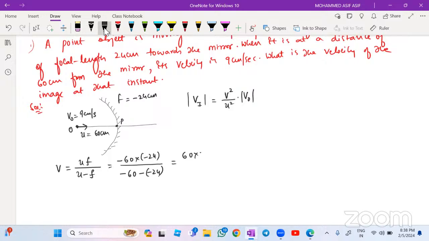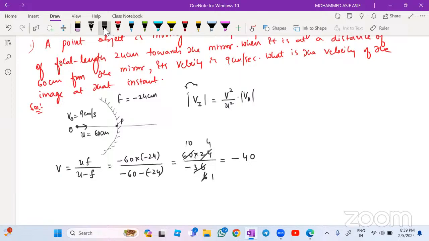So it is 60 into 24 divided by minus 60 plus 24, which is minus 36. This is 10, this is 6, isn't it? 6 1s, 6 4s, 24. So this will be equal to minus 40. So v will be equal to minus 40.